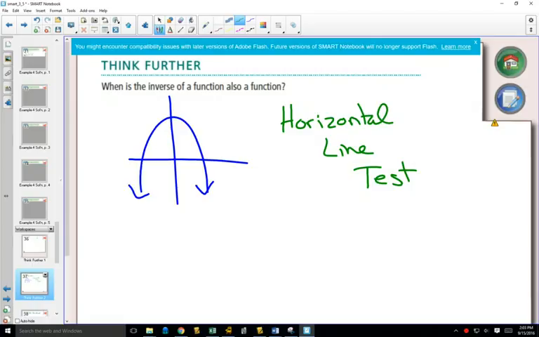So this one doesn't pass the horizontal line test, so its inverse image is not going to be a function. But if you took something like an x cubed graph like this, does it pass the horizontal line test? Yes, it does. So its inverse is going to be a function.